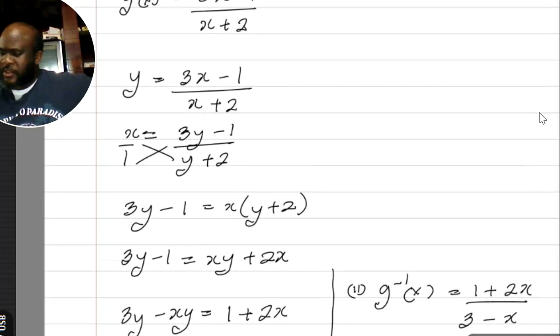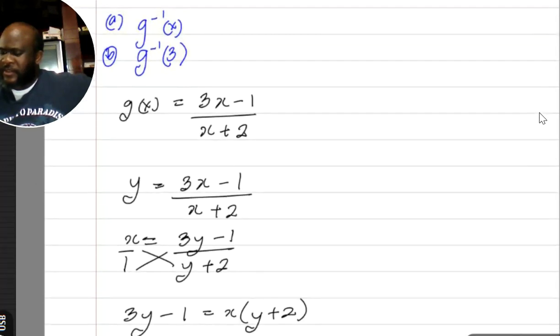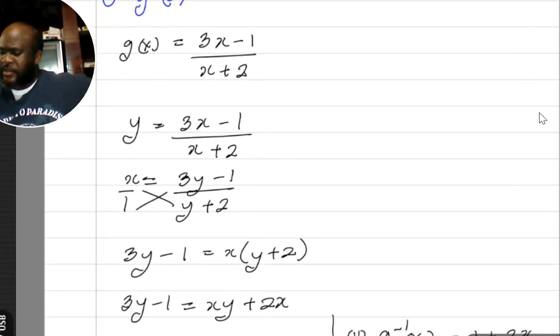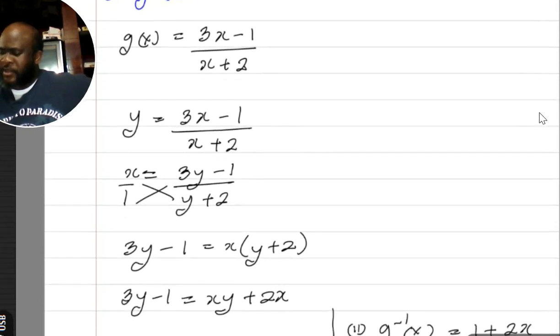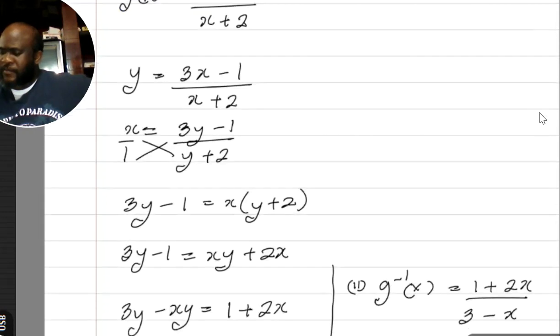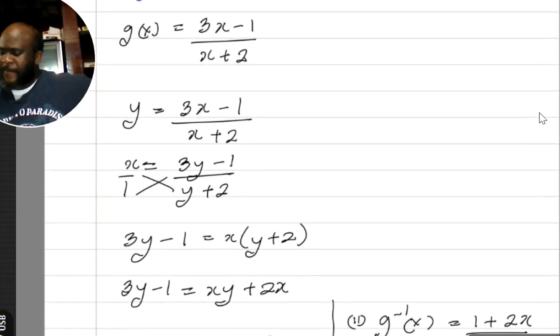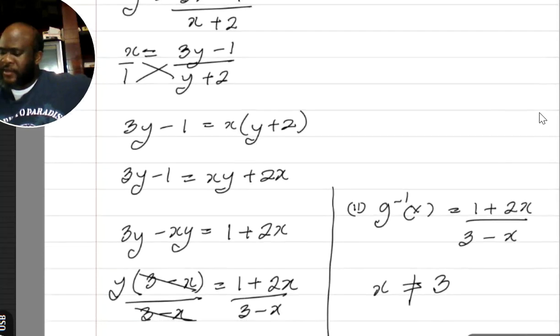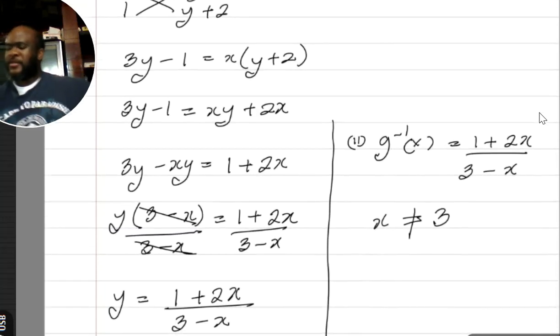Just double checking my calculation on the left hand side, in the cross multiply, fine. So we can't. There's no value for g inverse of 3.